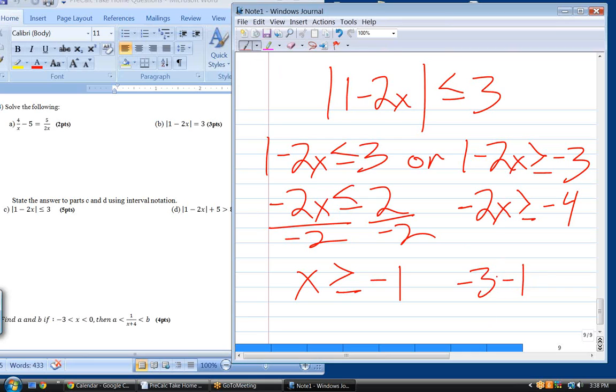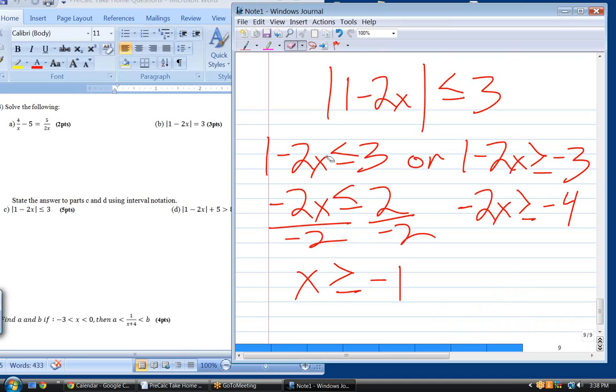So if you choose to change all of your subtraction problems to addition problems, first of all you have to locate the subtraction sign, which is that. If I'm going to change that to a plus, then I have to change the sign of what was being subtracted. And now it's minus 3 plus a minus 1, and that's easy. That's minus 4.